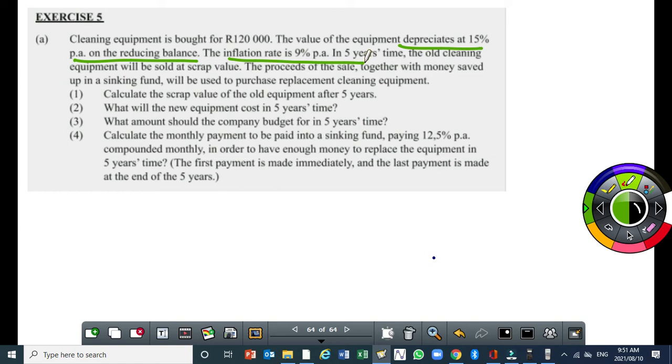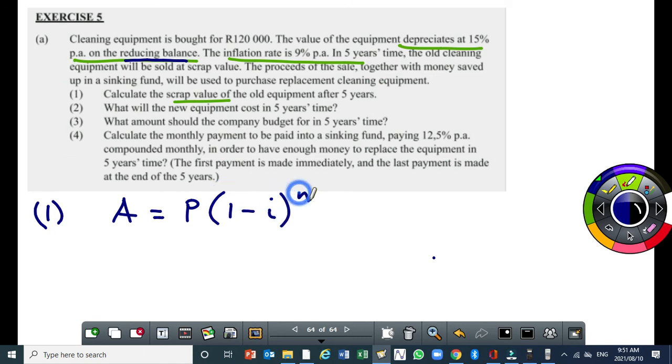Now, because this is scrap value, it means depreciation is involved. Also, because we are given the depreciation rate, it's going to be calculated on a reducing balance. So the first question, we use this formula A equals P times 1 minus I raised to the power of n. We want to calculate the value of the cleaning equipment after 5 years, before they are discarded.